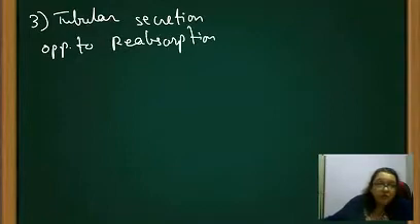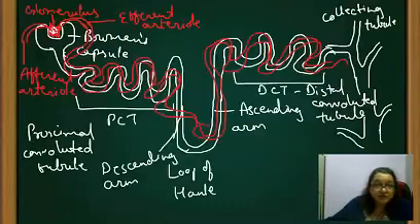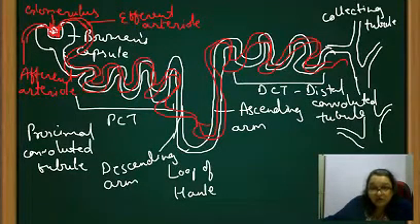So let us see what tubular secretion is. As shown here, the efferent arterioles give capillaries and arterioles that surround the whole tubule. When urine is passing through the tubule, some toxic drugs and chemicals which may be present in the blood capillaries enter into the tubule.